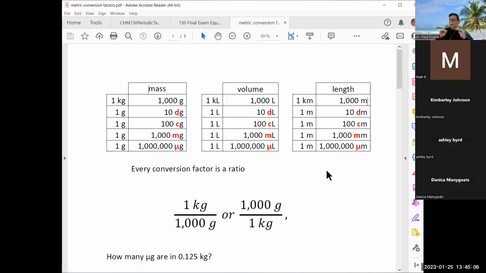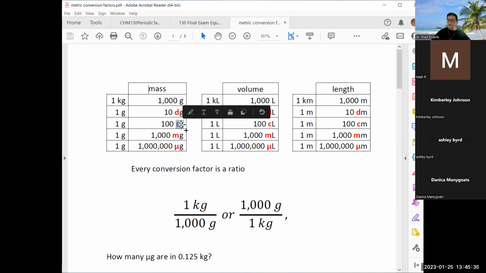Now, to go to units smaller than our base unit, we use the prefix d for deci, which is right here. One way to remember this is that there are 10 years in a decade, right? So there are 10 decigrams in 1 gram. Okay.